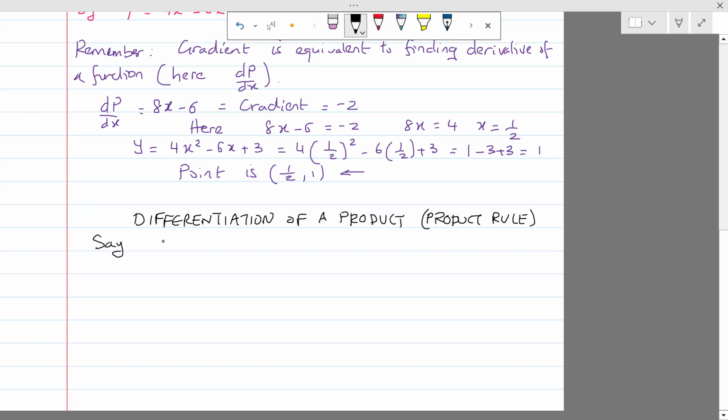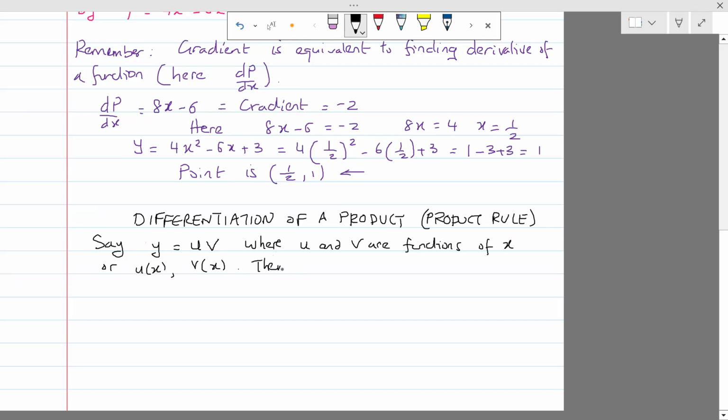Say y equals u times v, where u and v are functions of x. Or I can write it as u(x) v(x).